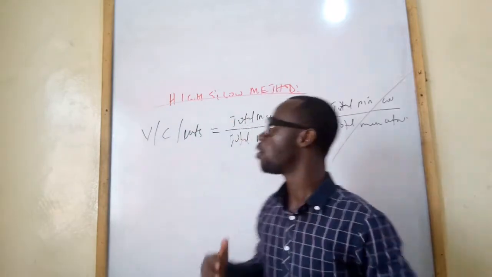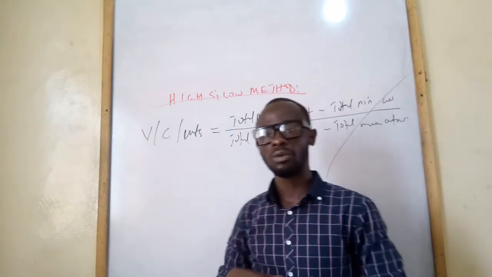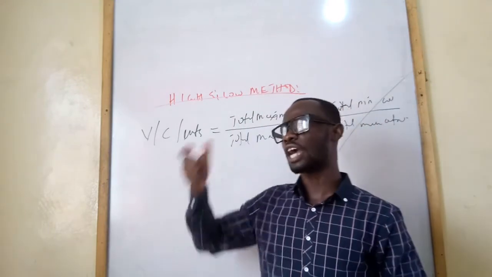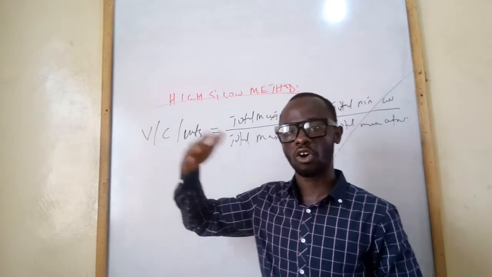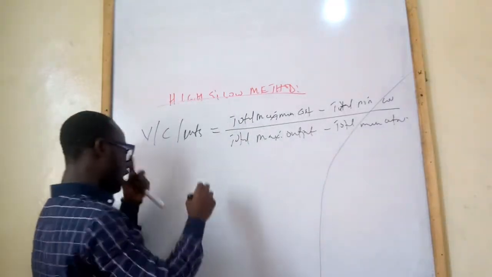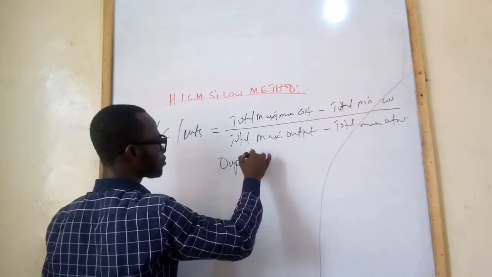When you do this arithmetic, it gives you the variable cost per unit. Then you apply that variable cost per unit on the maximum concepts, and you get your total fixed cost. Then you can now determine the total cost for an activity or a process.